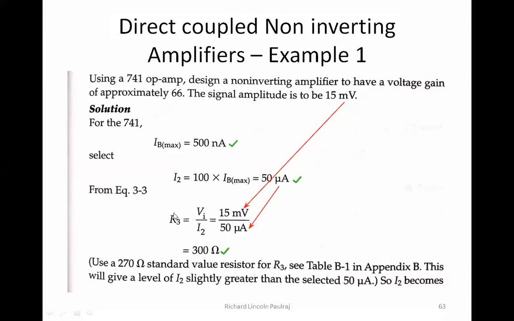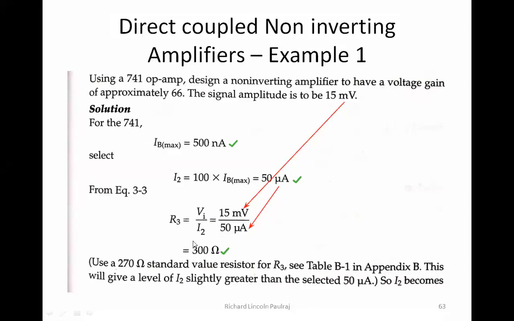So we will calculate that as well. There's a small piece of information given here: use a 270 ohm standard value resistor for R3. So instead of 300, we will use a standard value, which is available in the market, which is 270. And this will give a level of I2 slightly greater than 50.